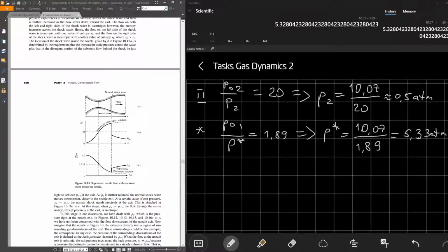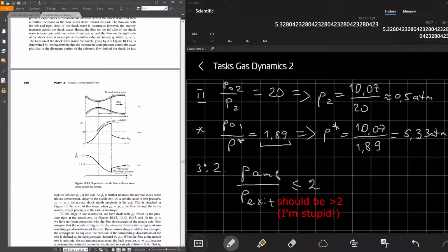So the main condition here we may write mathematically as pressure ambient divided by pressure at the exit. If there is no shock wave, it has some limit, approximately this. I think it's this. We can now see if my logic is correct or not.